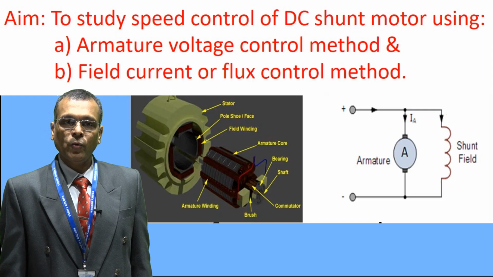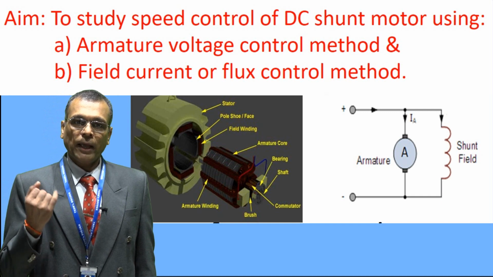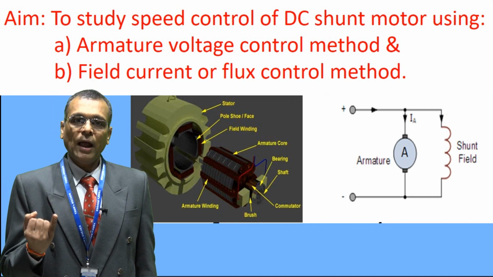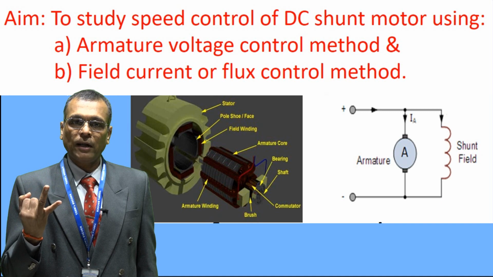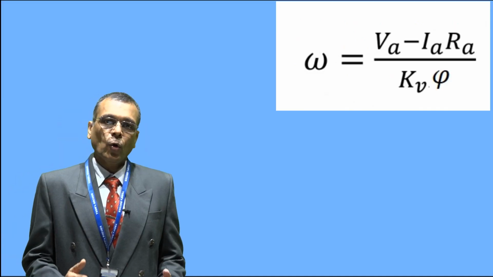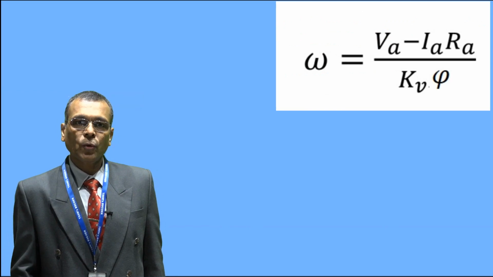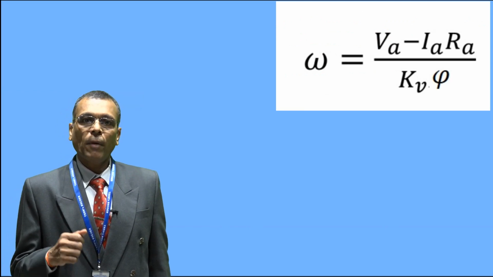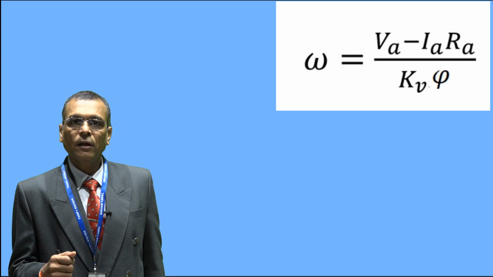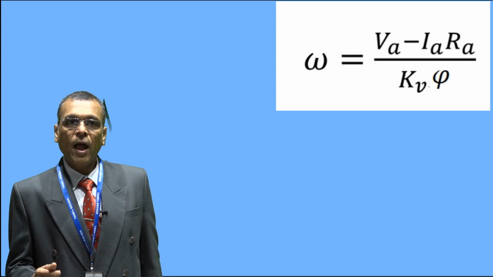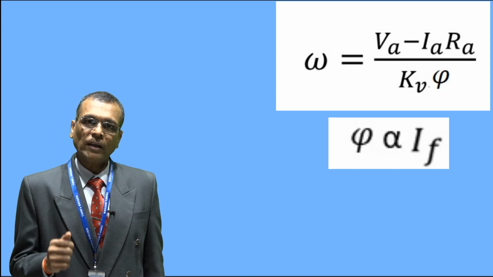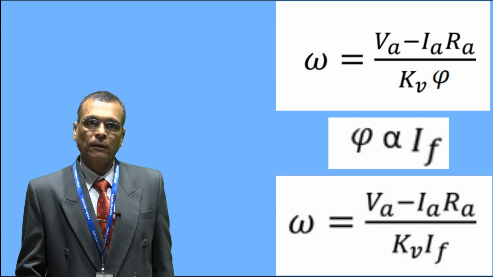Speed of DC shunt motor can be controlled in two ways. One, by armature voltage control method, and second, by field current or flux control method. As we know, for a DC motor, angular speed is proportional to armature voltage minus drop across it divided by flux. And we also know that flux is proportional to field current.